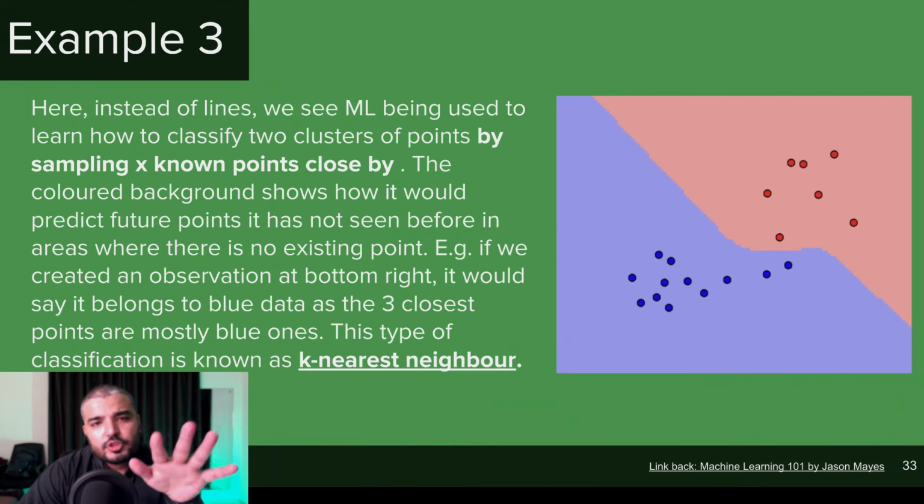So you would calculate the distance between all of these points, the red ones, the blue ones, and compute which distances are the lowest. In this particular case, if your point is somewhere here, it's closer to these particular points.